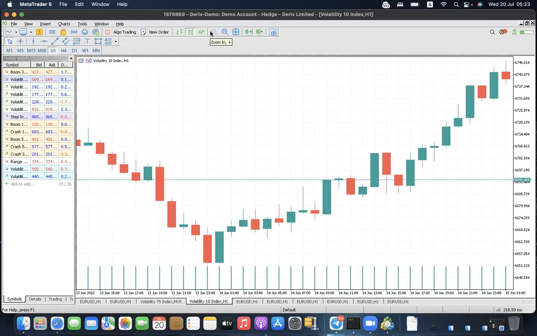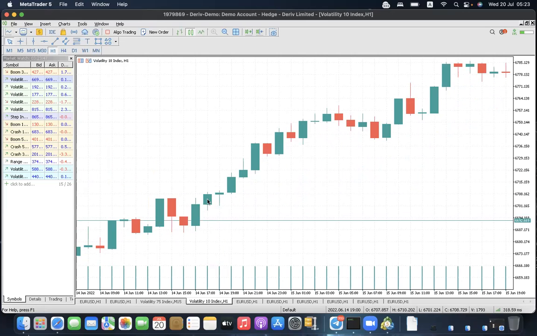Right, let me zoom in larger. A candlestick like this one here has a tail, this tail, and this tail. And now the way that price should move is in this manner. When we leave a tail, we have a candlestick in between.